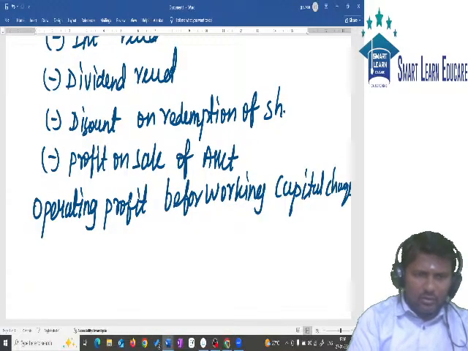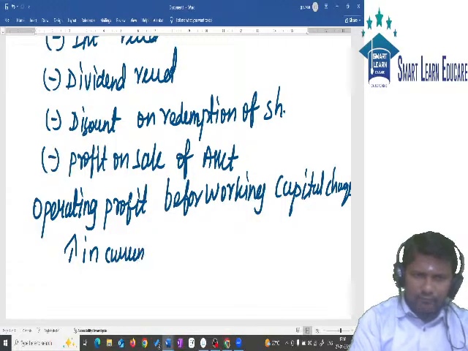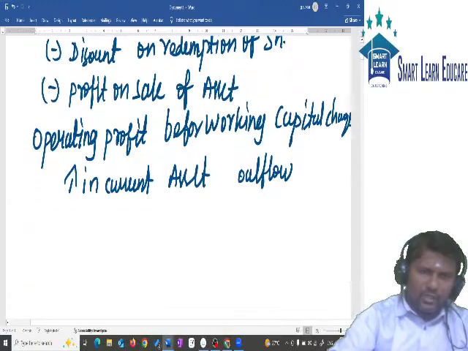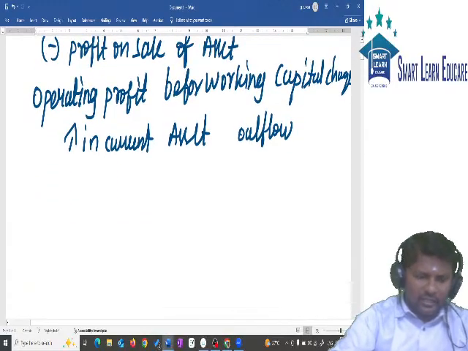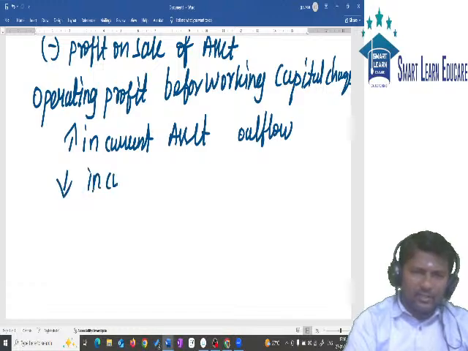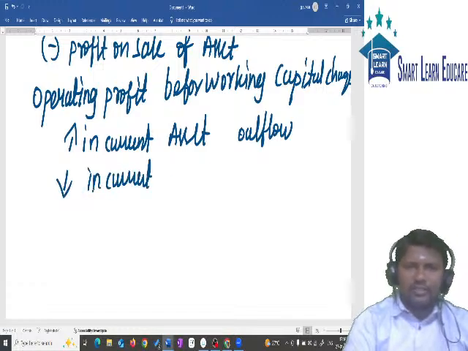Also, increase in current asset should be treated as outflow. Only one thing you remember: increase in current asset is outflow. Decrease in current asset is inflow.